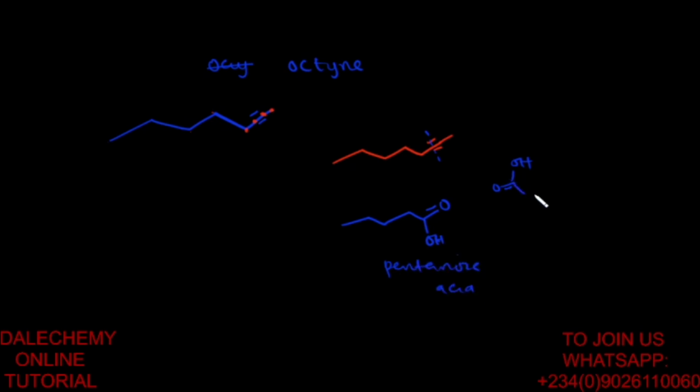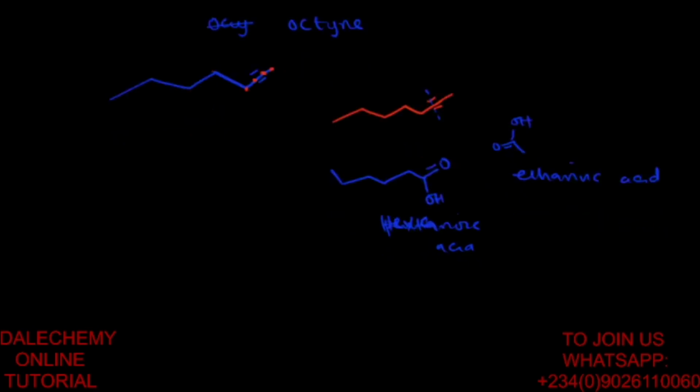And from here 1 2 3 4 5, this carbon 2 is 6, right? So this should be hexanoic acid, 1 2 3 4 5 6, and this is going to be ethanoic acid.